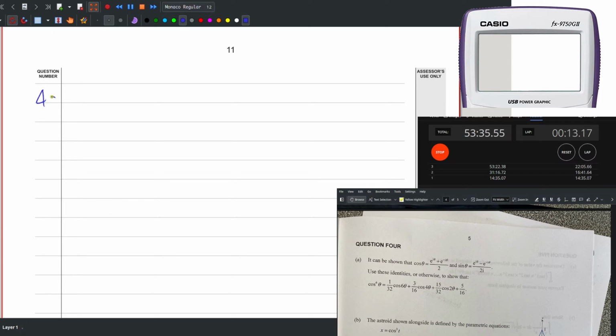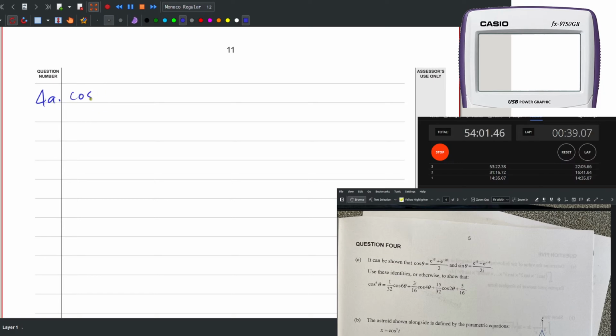Ah, yes, the classic complex number trig identity problem. Okay, so I don't need the identities, man. Like this thing, you just bash, right? Wait, do you bash? Yes, you just bash, right?